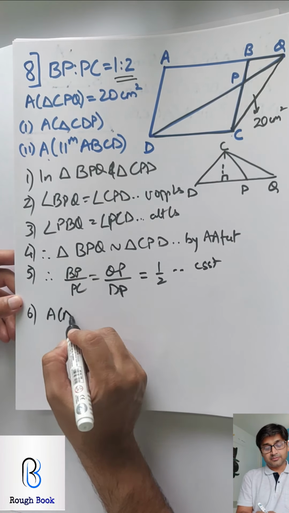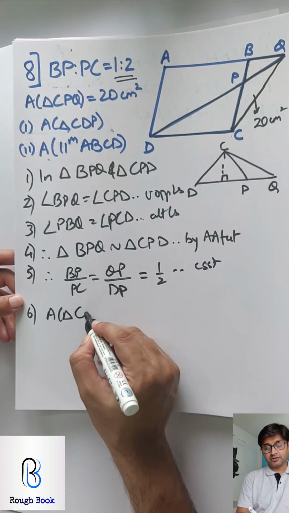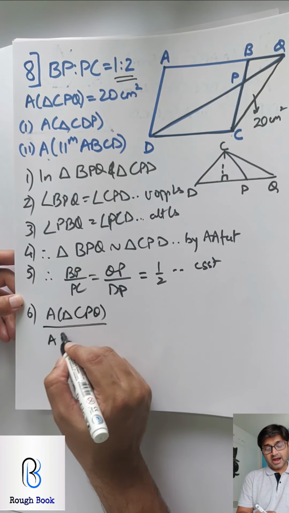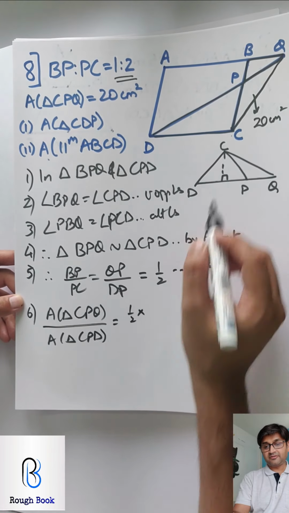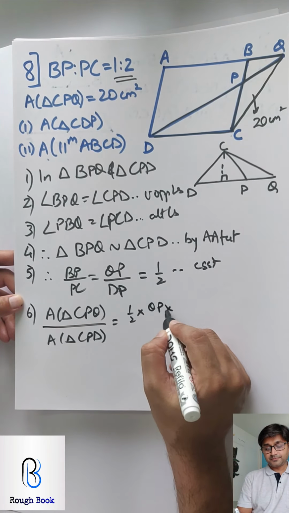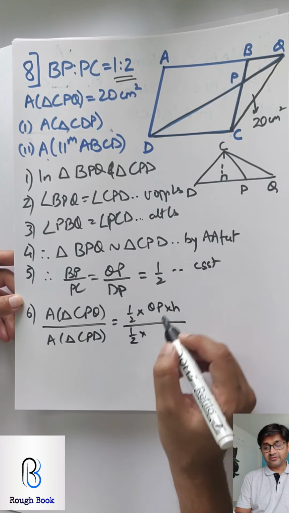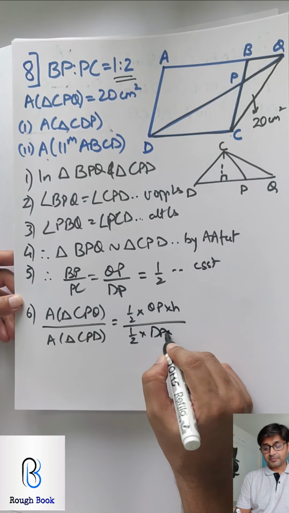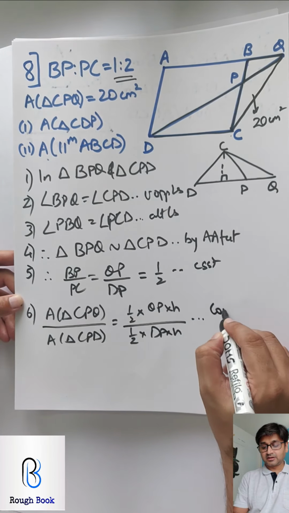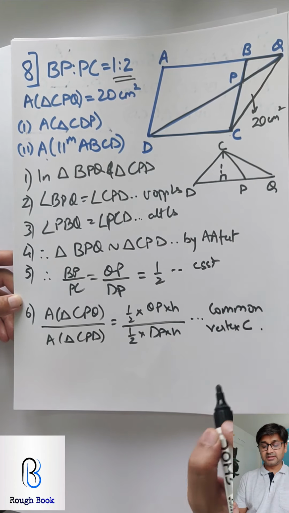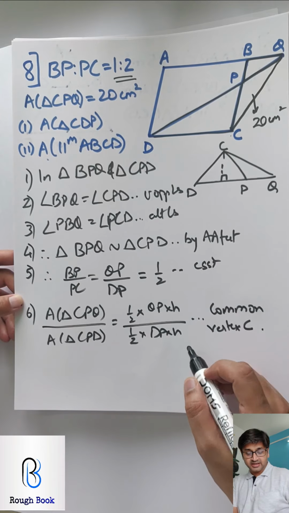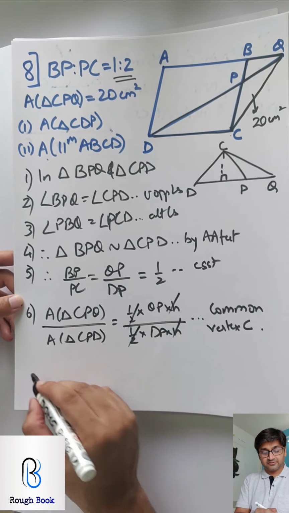Now I can directly jump into these two triangles, CPQ and CPD. I will say half base QP into height, half base DP into height, and I can say common vertex C, so heights are equal. I can cancel everything now.